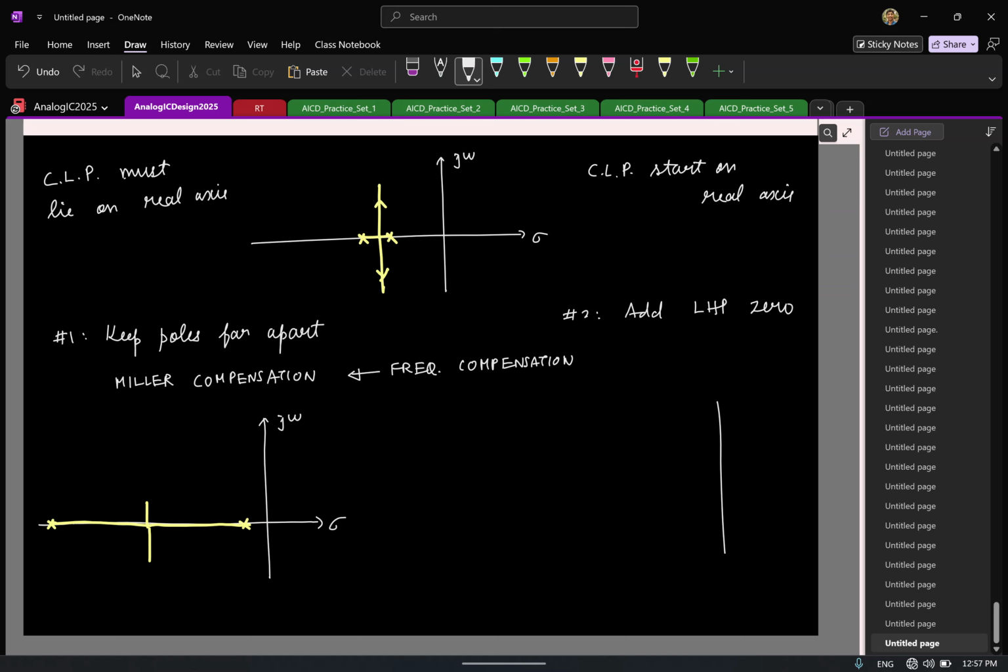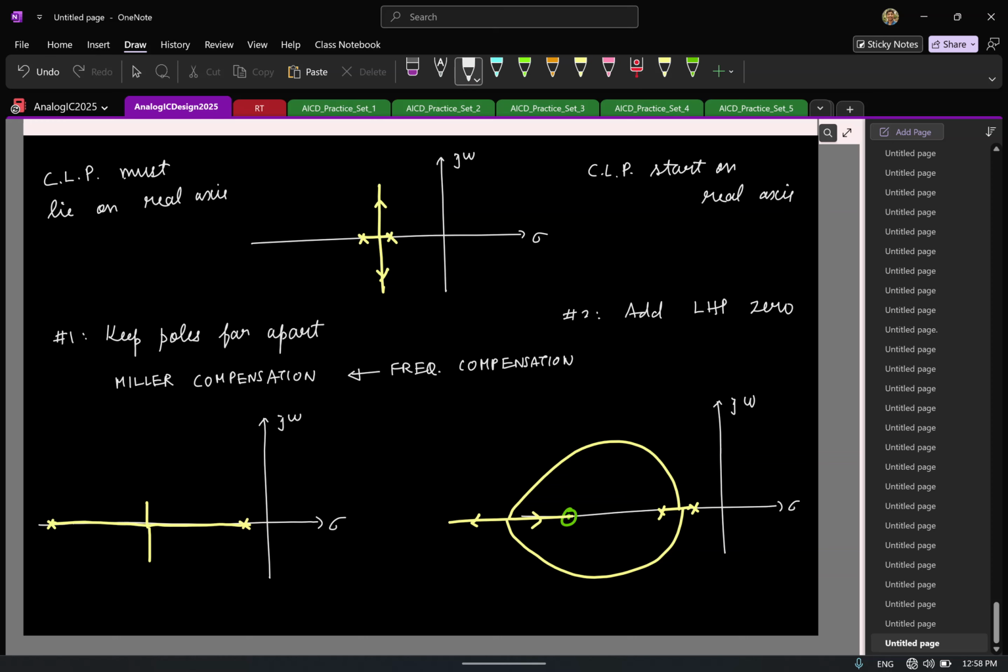So if I sketch the root locus corresponding to that, the poles are still close enough, but what we are going to do is introduce some LHP zero here. So which means the root locus will basically do this. One will go here, other will go here. So for a large value of DC gain, you are still on the real axis, you are safe.